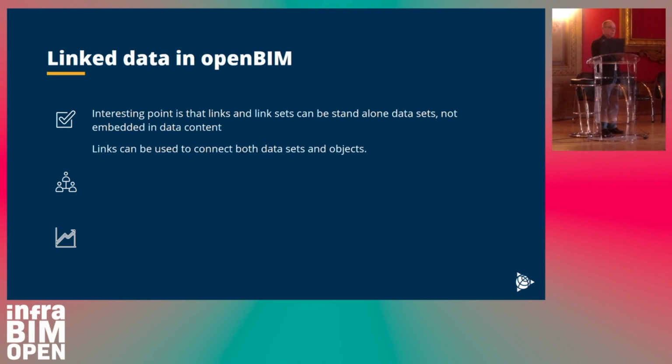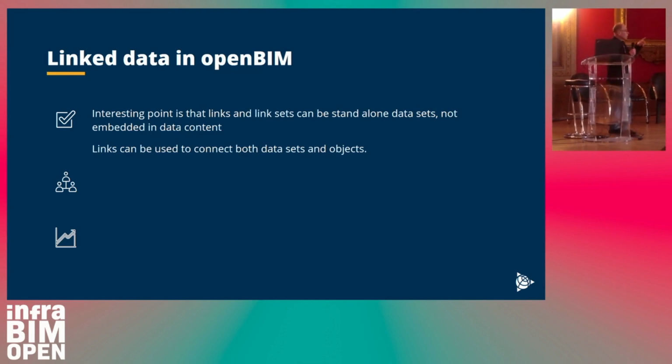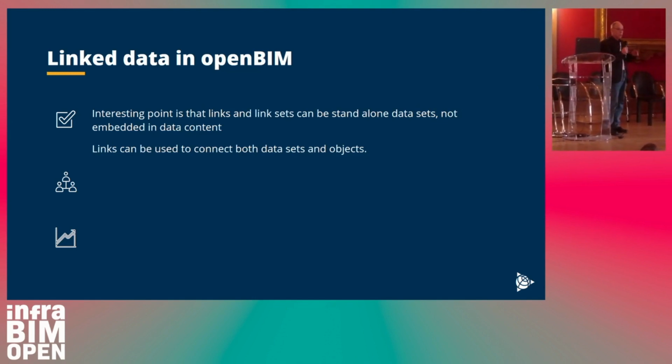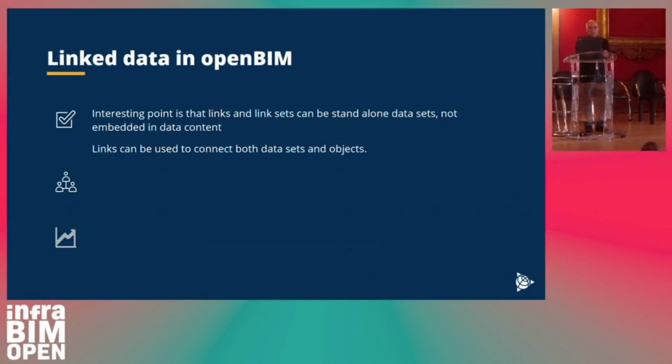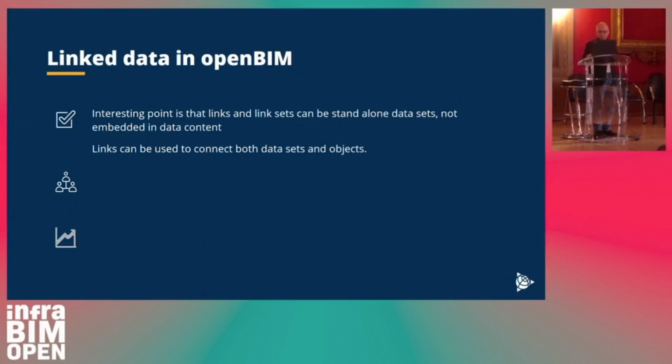And those links can be used not just on two levels, they can be used on three levels. You can link types or classifications with each other, you can link data sets with each other, and you can link individual objects within data sets, so they are very flexible.